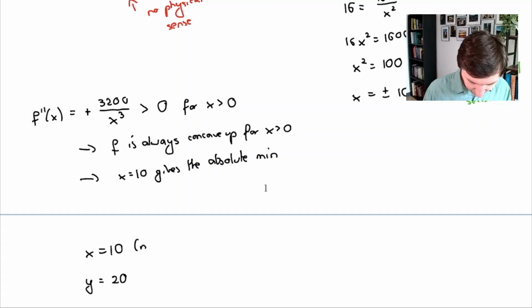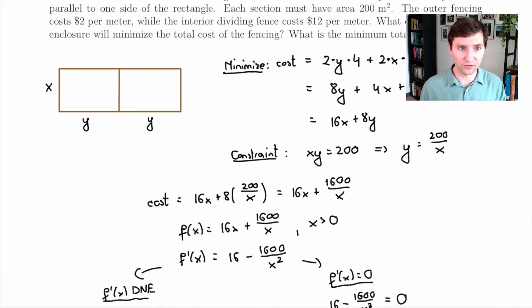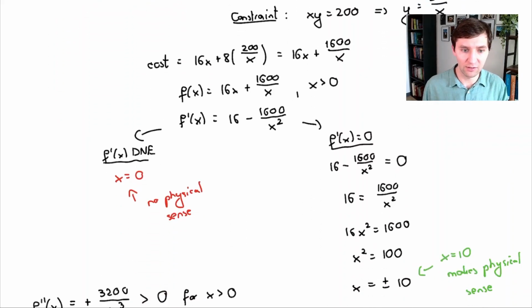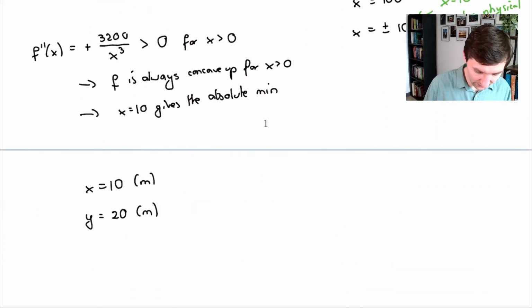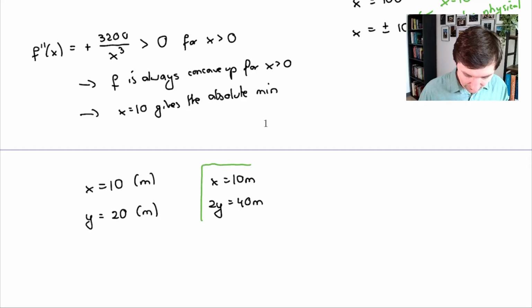Both of these are given in meters. Remember, the dimensions of the enclosure are x and 2y, meaning that our answer is x equal to 10 meters, 2y equals 40 meters.